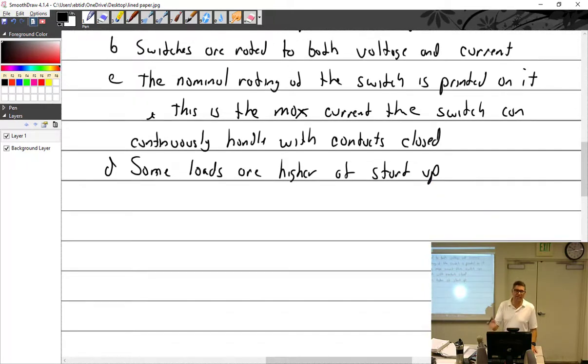So you have to derate the switch, which is not to say you put it down, but let's see. Some loads are higher at startup. So switches need to be derated for these applications.